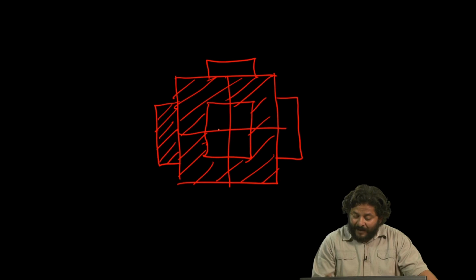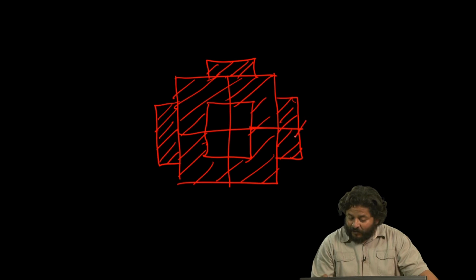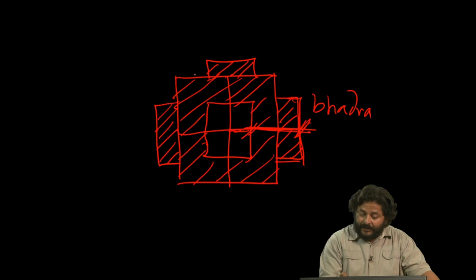Because if you have these projections, the thickness of the wall has changed. This is not half the open space. This projection on the main side is called a bhadra. The corner of a temple is called a karna.